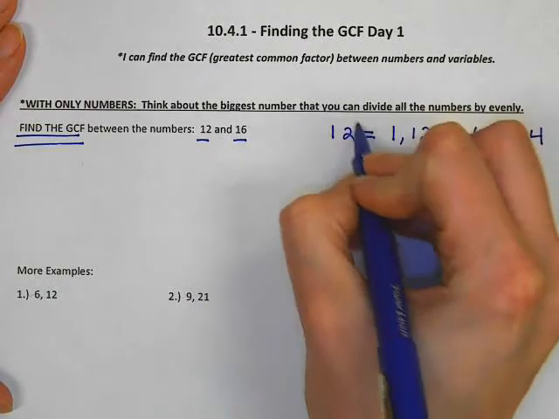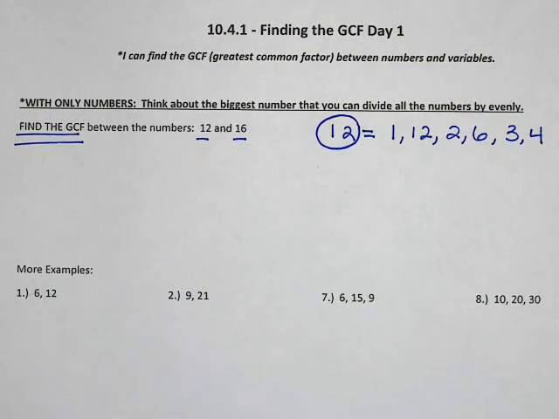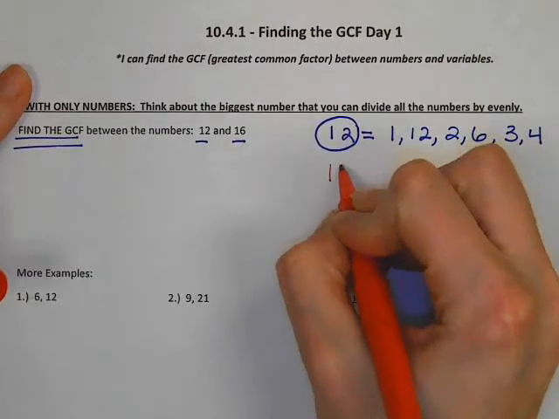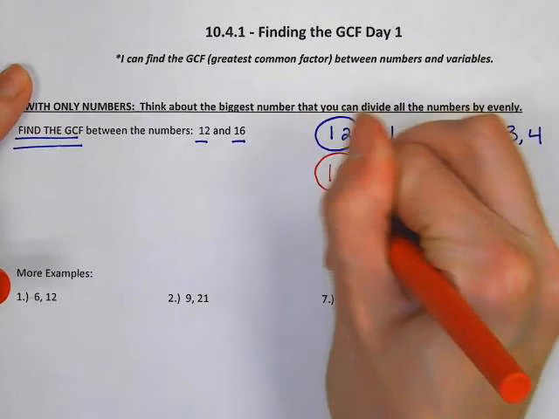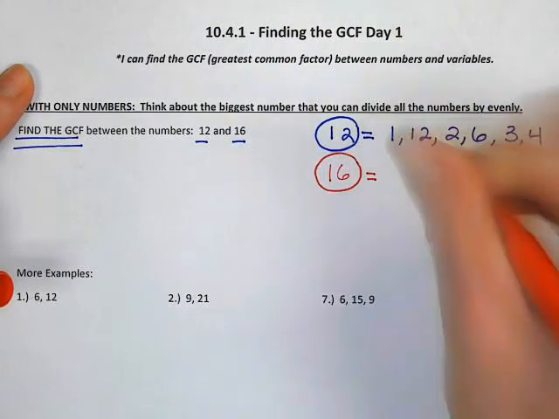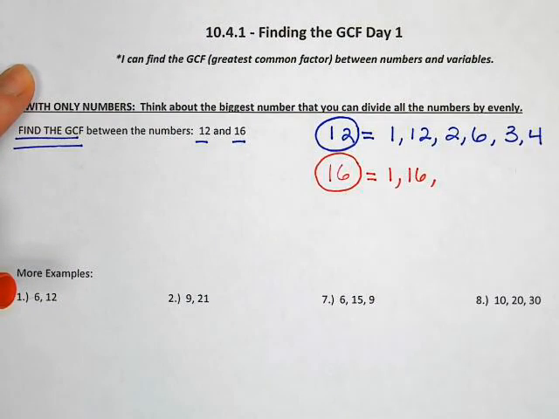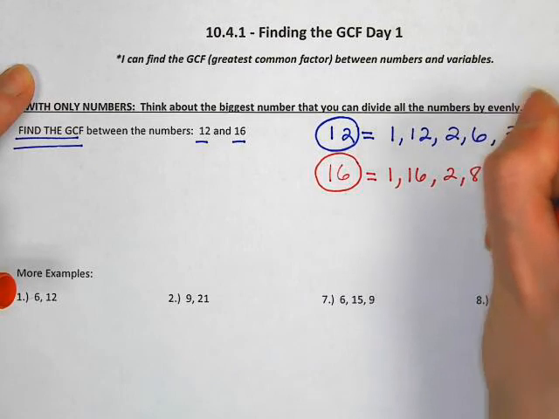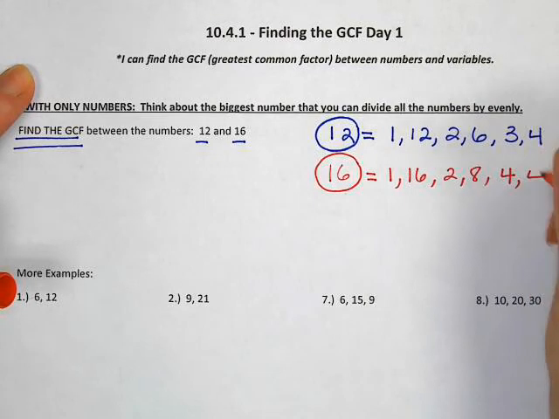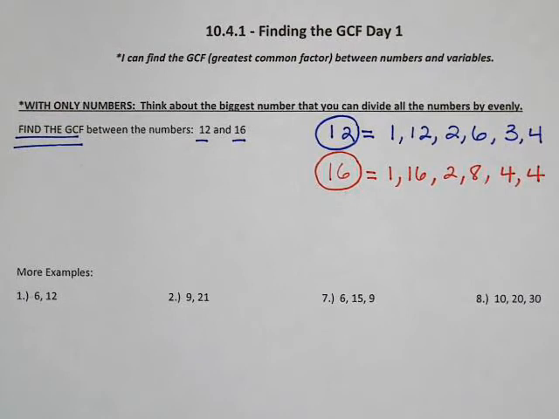So you just write all the factors of 12. And then write all the factors of the next number. So what are all the ways to multiply to get 16? 16 could be 1 times 16. 16 could also be 2 times 8 or 4 times 4. I think that's it.